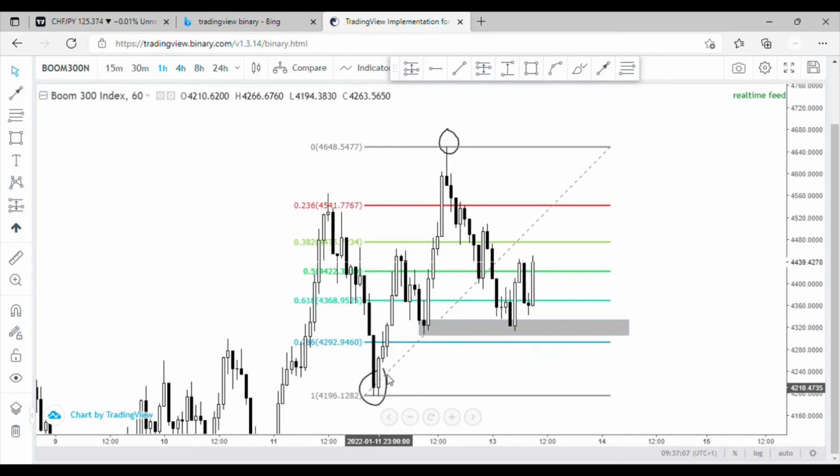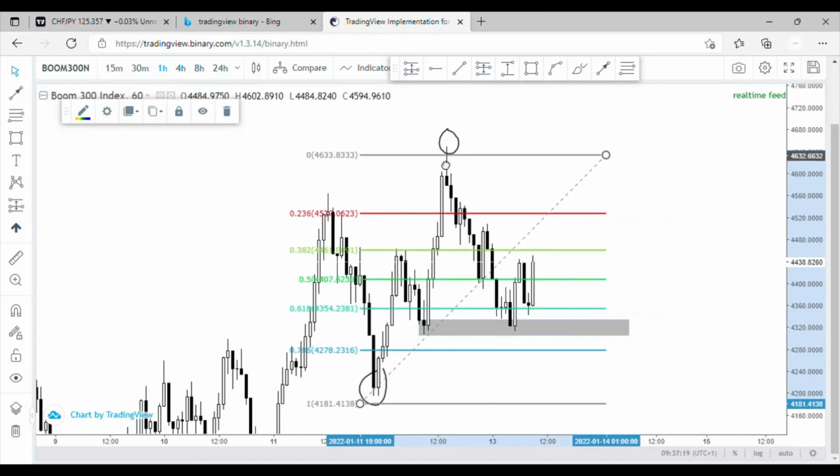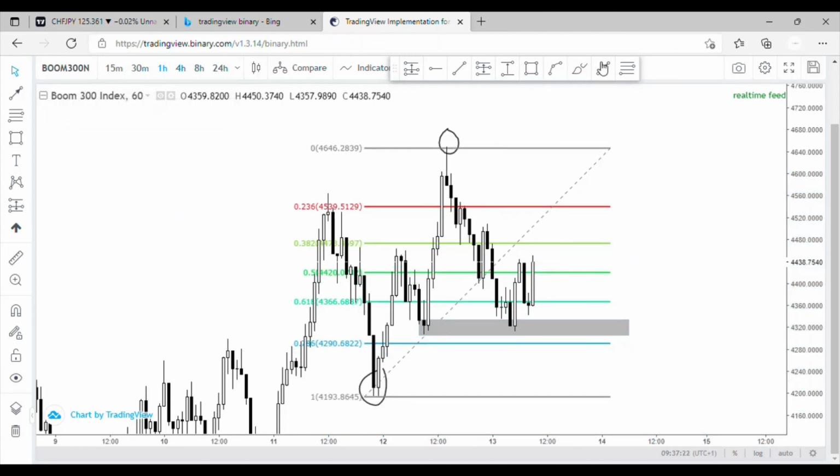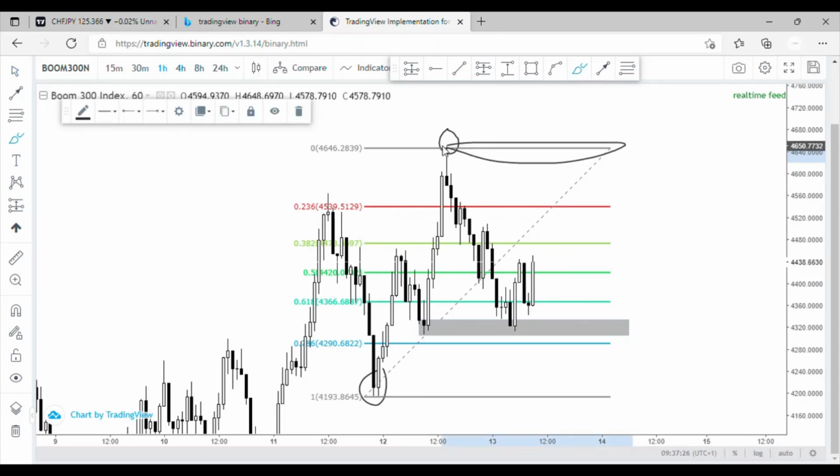So here you have 1, 2, 3. You can buy. Say when price hits this order block, then you can buy and put your target here on the last swing high. That's where you put your target.